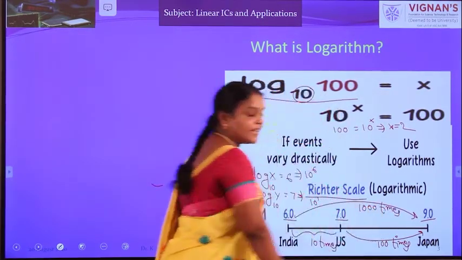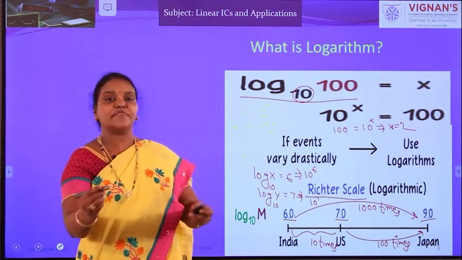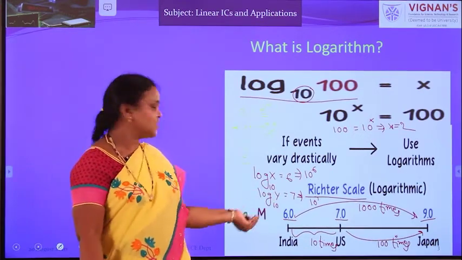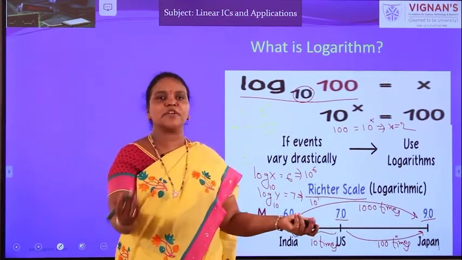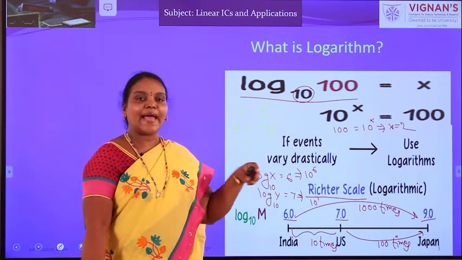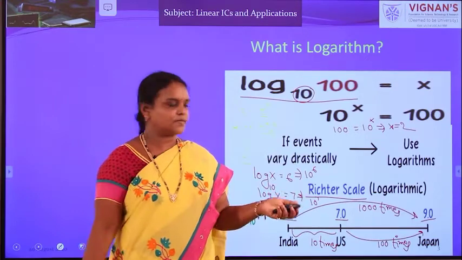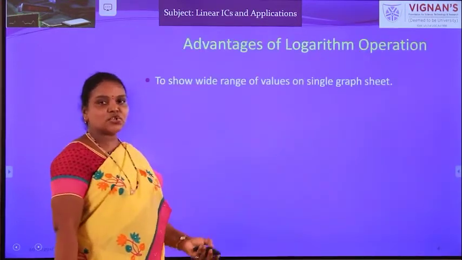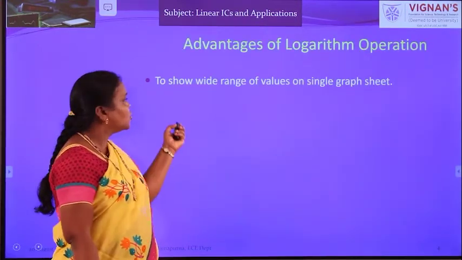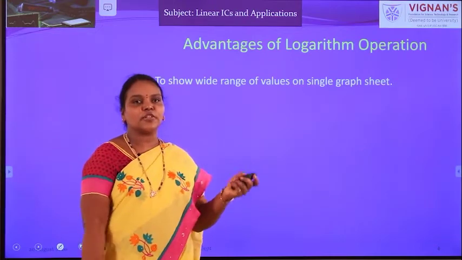But after converting into the logarithmic scale, you may feel very small numbers. It is 6, it is 9, a very small difference. But in actual numbers, they differ by very large values. Advantages of logarithm operation: to show a wide range of values on the graph sheet.